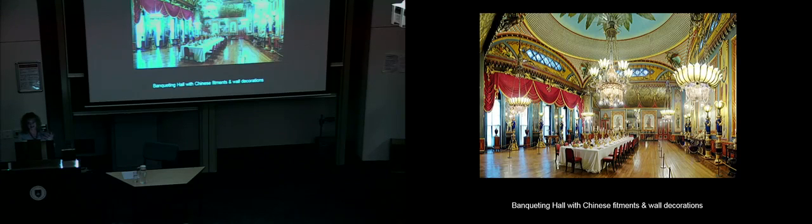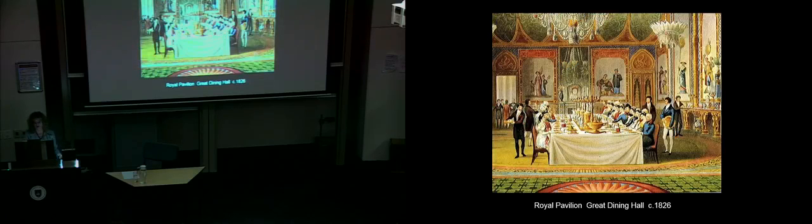It can seat hundreds of people for a banquet, and this was where he entertained. But again, every surface. So what Lord Leighton did in miniature in his house in the Arab Hall, George IV made the grand gesture in his palace, particularly with the banqueting hall. And again, this is from an engraving and a drawing by John Nash, about 1826. In fact, George is here in the middle, entertaining, and his guests are all around.